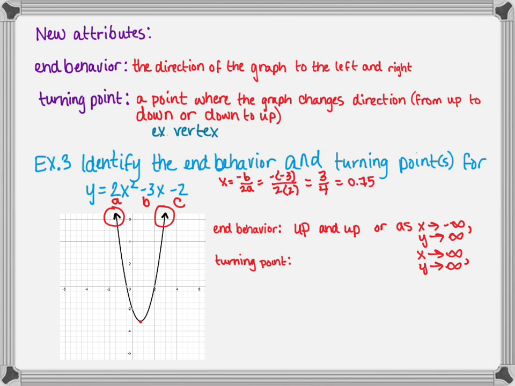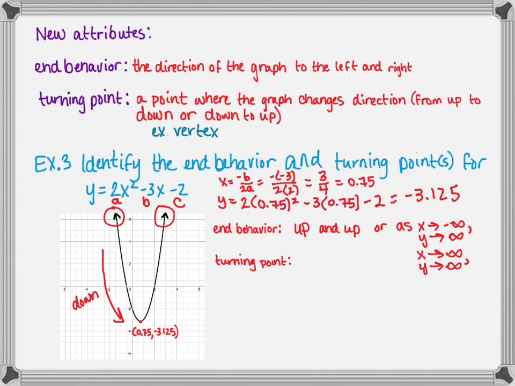Or we could, because it terminates, convert it to a decimal, which is 0.75. To find the y value of the vertex, you could do 2 times 0.75 squared minus 3 times 0.75 minus 2. And that equals -3.125. So our vertex has the coordinate 0.75, comma, -3.125.